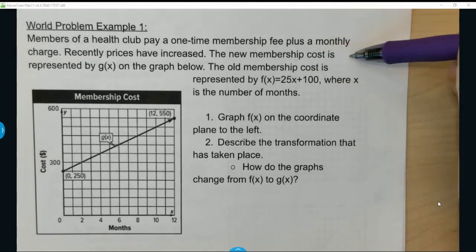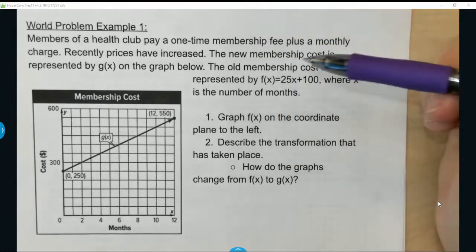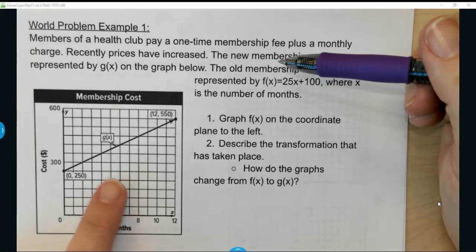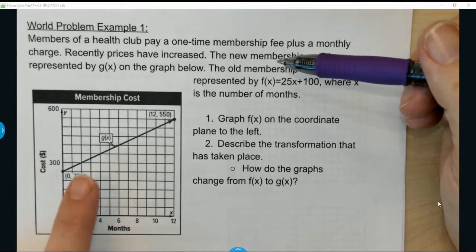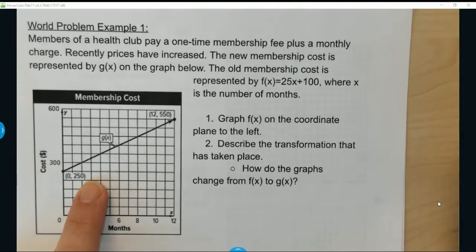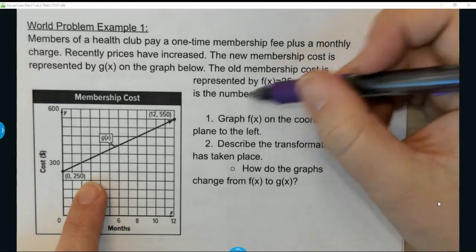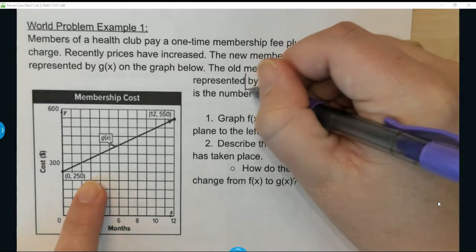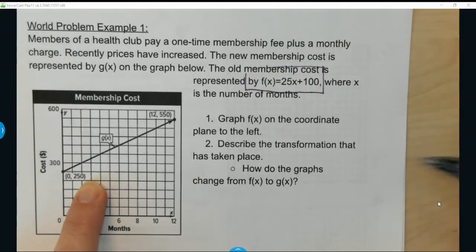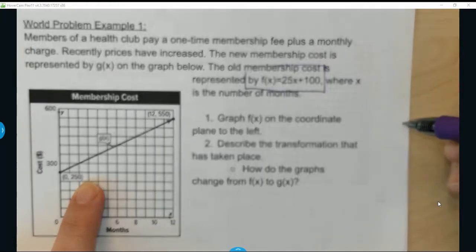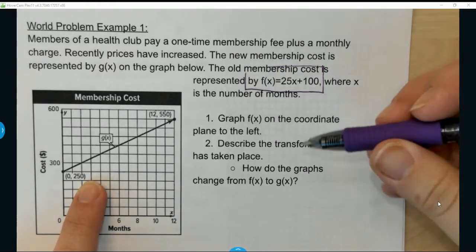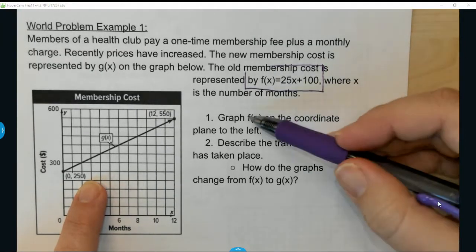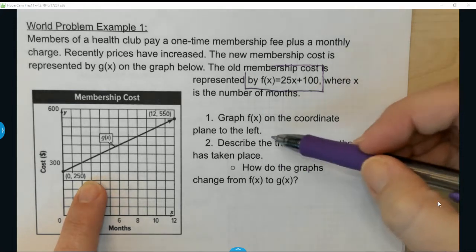The new membership cost is represented by g of x on the graph below. So right here, that's what's representing the new membership. The old membership cost is represented by f of x equals 25x plus 100, where x is the number of months. So, number 1 says graph f of x on the coordinate plane to the left.